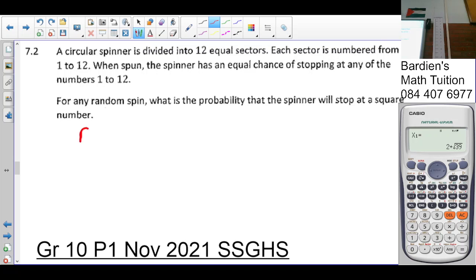Firstly, we need to know what numbers are squares. Number 1, yes. Number 4, yes. Number 9, yes. Number 16? No, we only go from 1 to 12. So how many square numbers are there? There's 3. There's 3 out of 12, which is 1 out of 4.